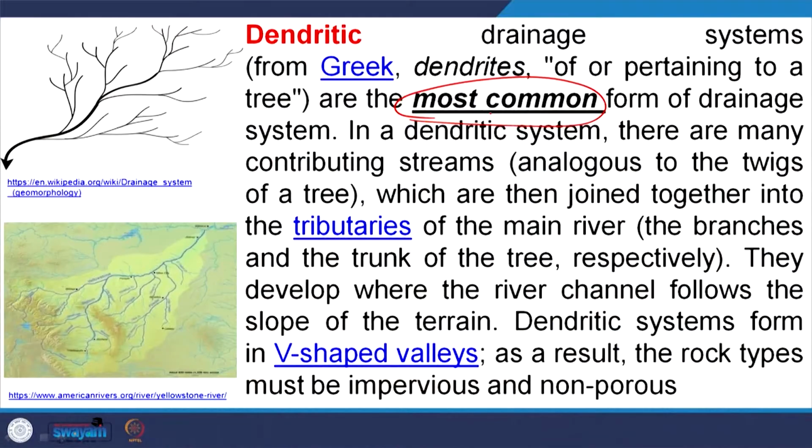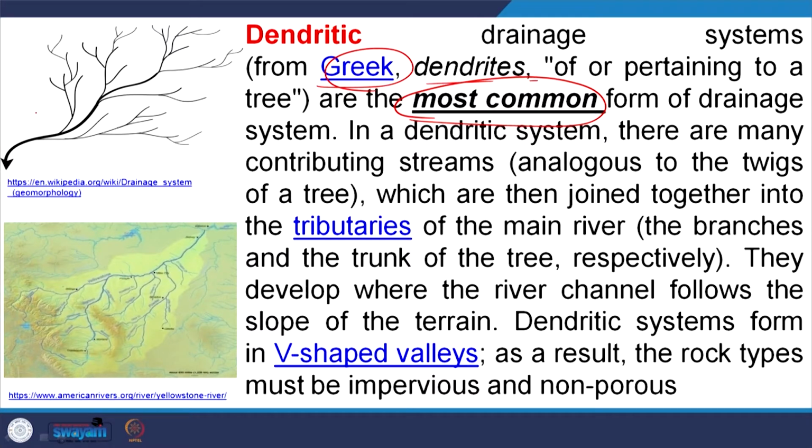So, let us start with the most common type of drainage pattern on the earth surface, which is called the dendritic drainage pattern. It is the most common drainage pattern everywhere. The term dendritic is from the Greek word dendrite, and it is like a tree.